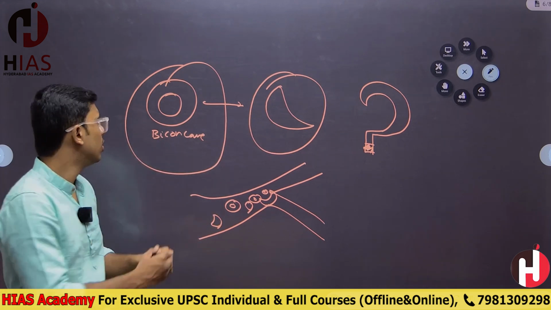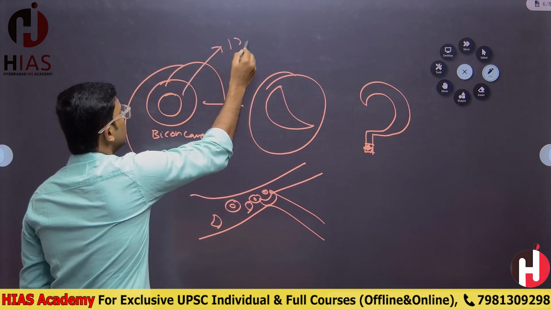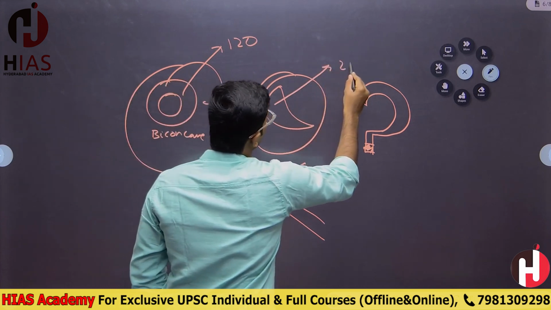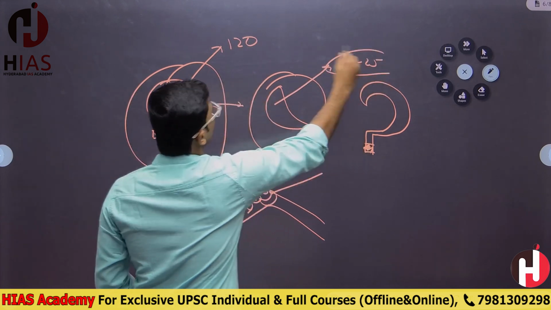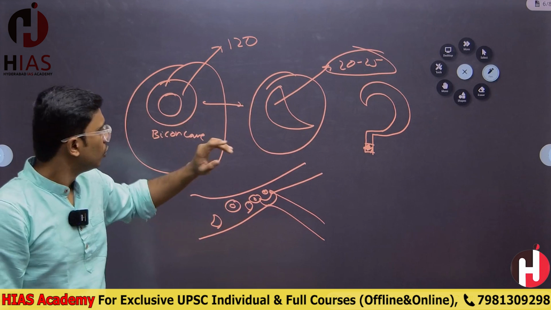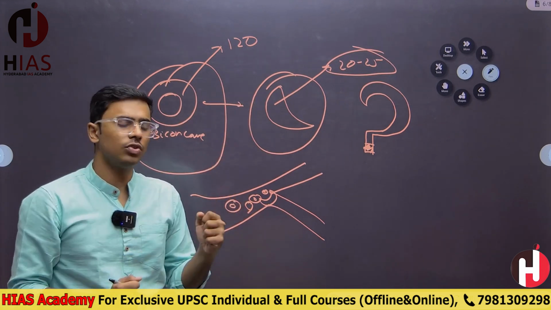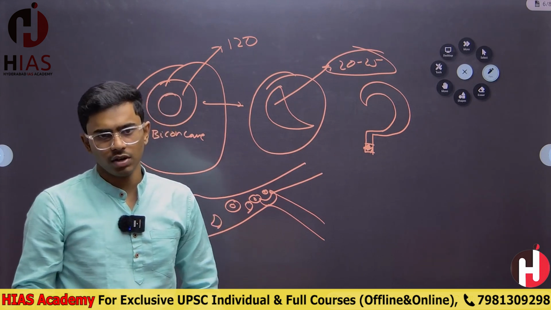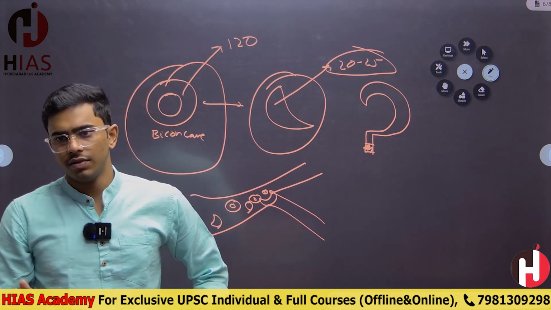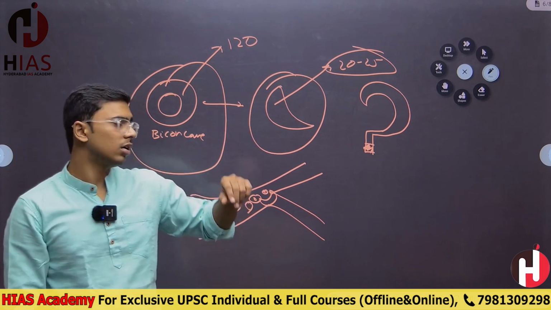Also, healthy RBCs live up to 120 days. These die in 20 to 25 days max. If their blood keeps on dying, they can't do a lot of exercise, right? They're generally weak. Their immune system is a little problematic.